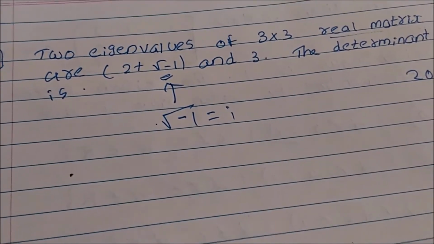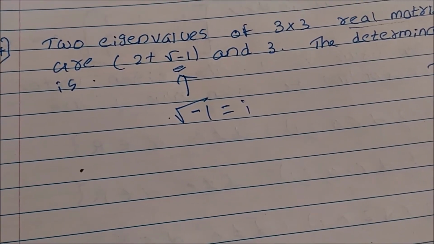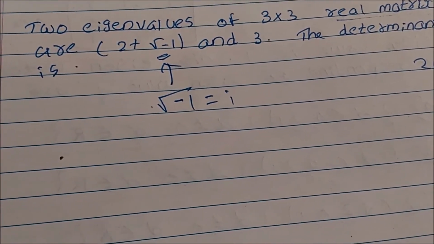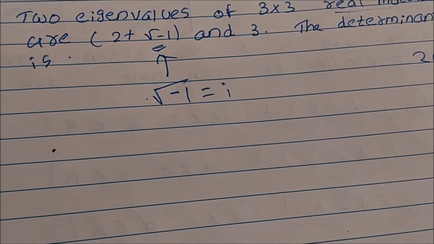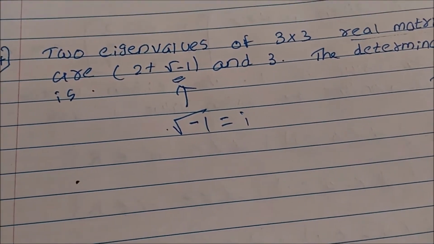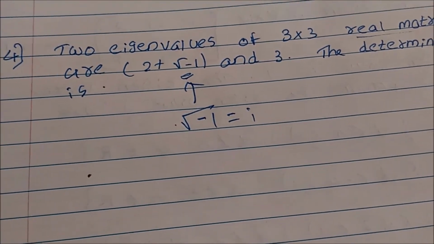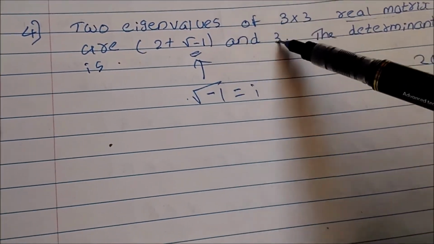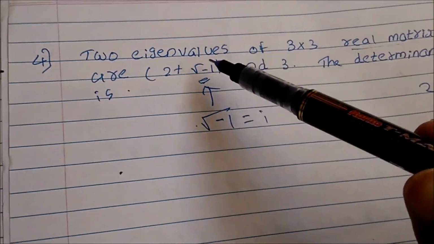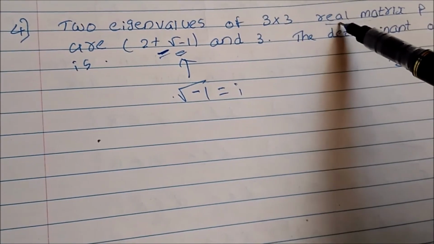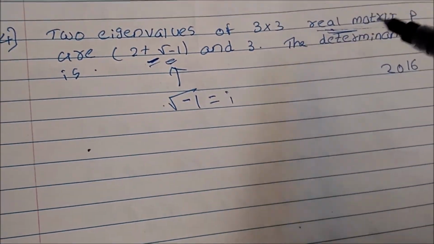This question was asked in the 2016 GATE examination. It is given that the matrix P is a real matrix, but one of the eigenvalues is an imaginary term. We know that root of minus 1 means i, which is a complex term. Here two eigenvalues are already given, so the third must be the complement of this, because we need real matrices.